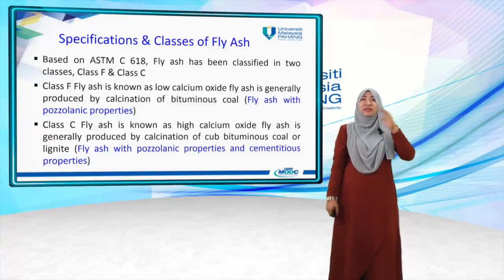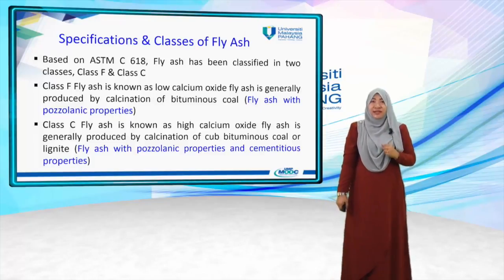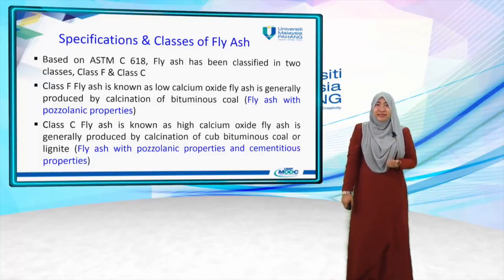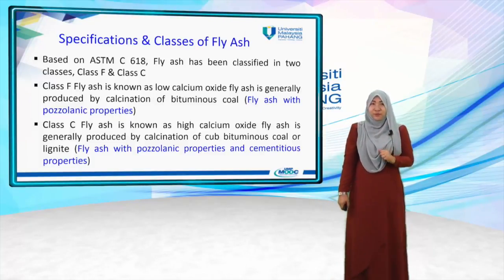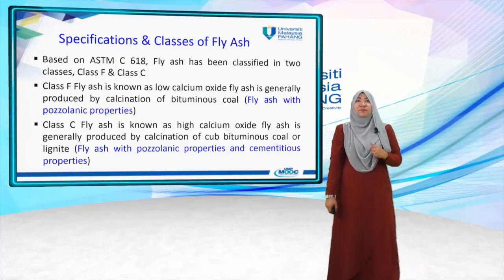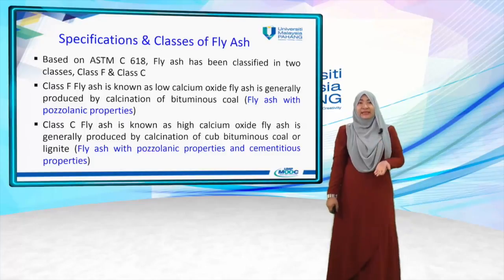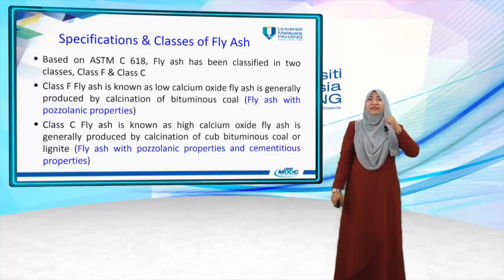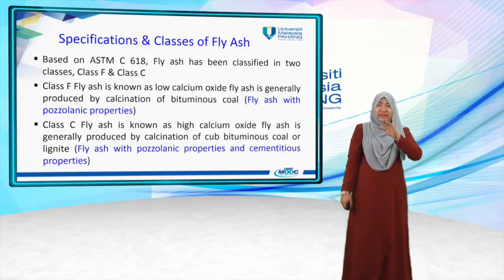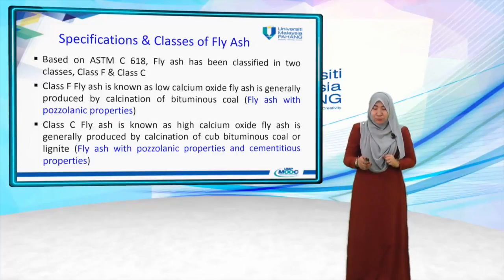And then Class C fly ash is known as high calcium oxide fly ash, generally produced by calcination of sub-bituminous coal or lignite. So this means that this fly ash has pozzolanic properties and cementitious properties.